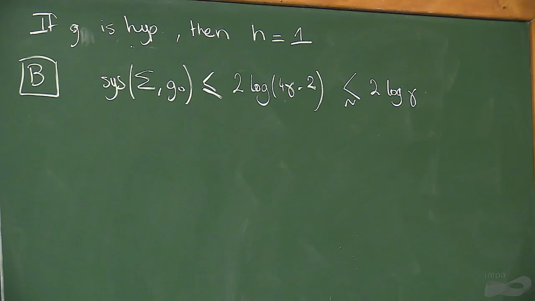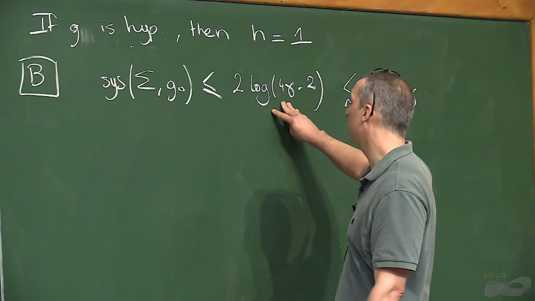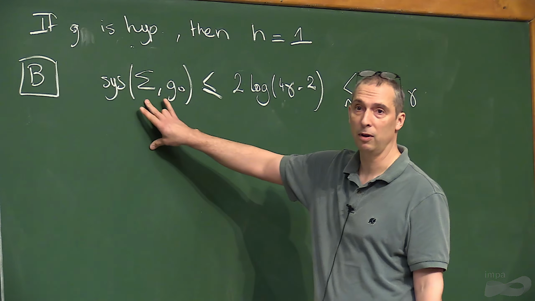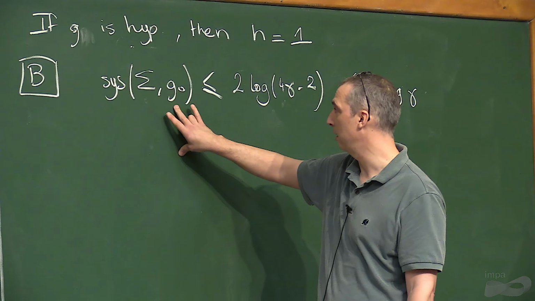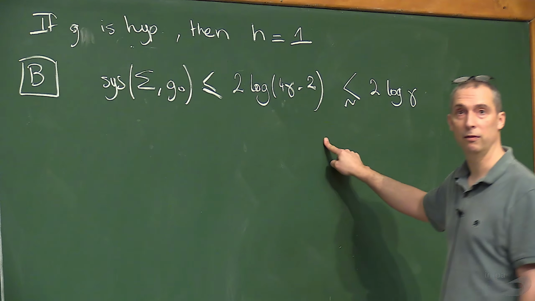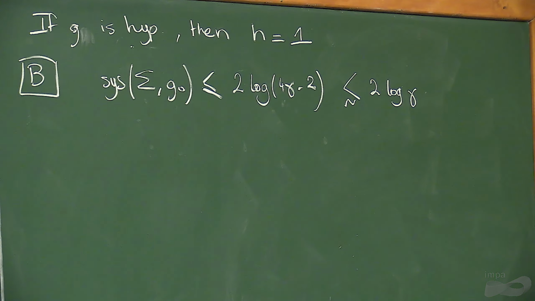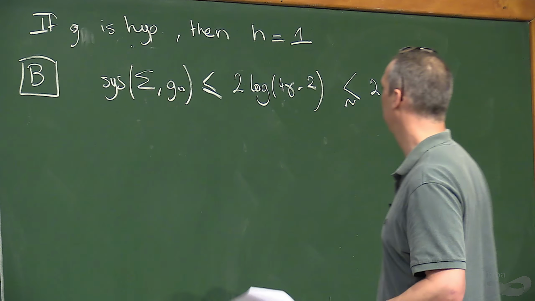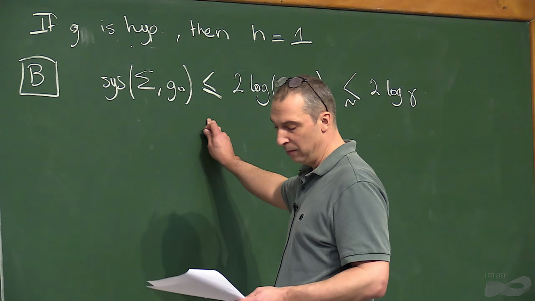And in fact, this upper bound is roughly optimal, meaning that there exist examples of surfaces with hyperbolic metrics whose systole is bigger than some constant times the log of the genus. I will not explain any example, but this is optimal in this sense.